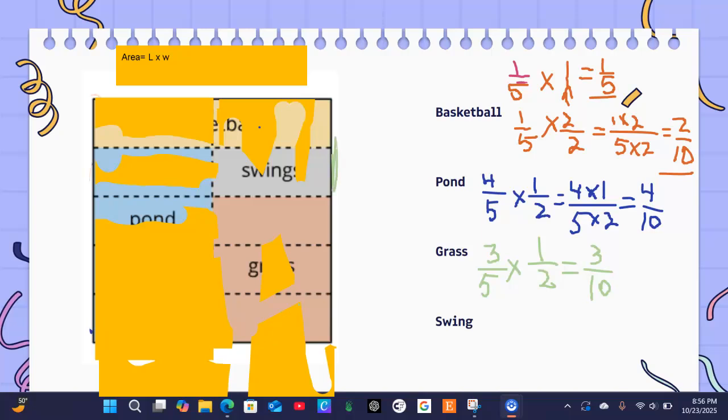Swings are only one box, but it's 1 out of 5 for this side length. So that's 1 out of 5 times, again, we're going to highlight the side length right here, and let's go ahead and cover that up.